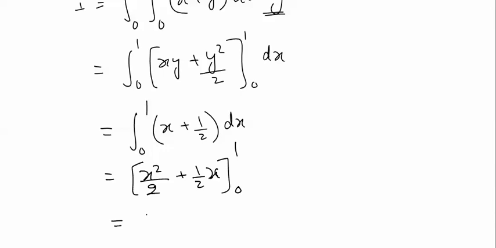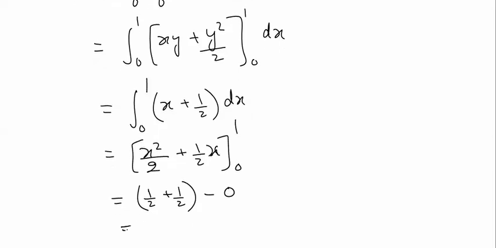So this will become 1 by 2 plus 1 by 2 minus 0. So that will come out to be 1. That's your answer. Clear?